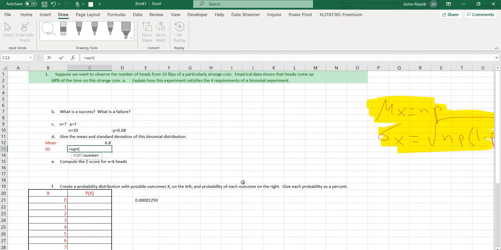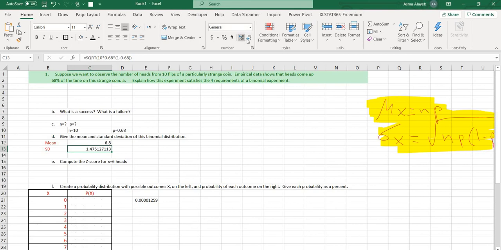And then I see n, so I'm going to type 10 times p, 0.68, and then times, open parentheses, I see parentheses in the formula, 1 minus p, which is 0.68, close the first parentheses for the probability of failure, close the second parentheses for the square root formula, and then click enter. I'm going to round this to 2 decimals.